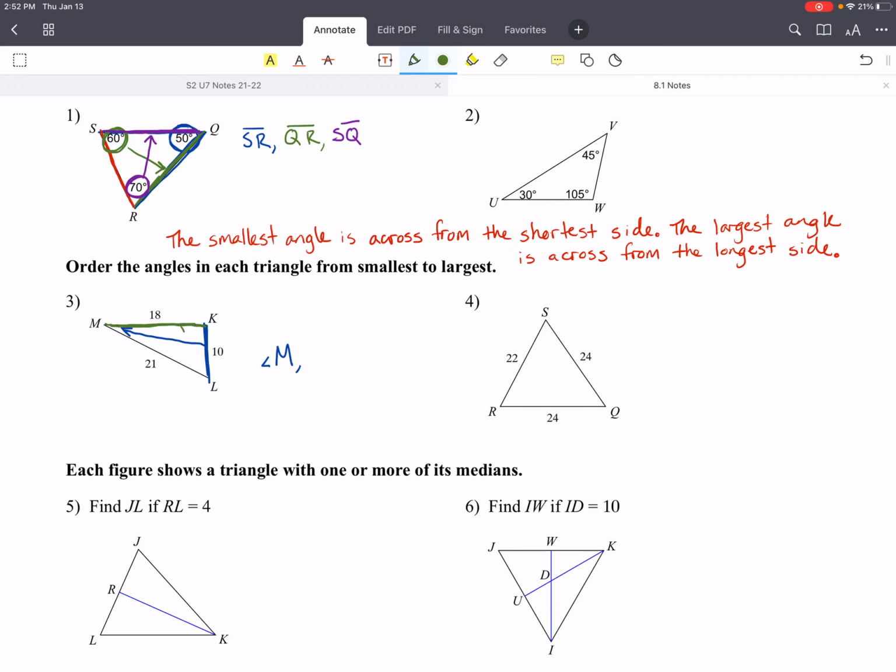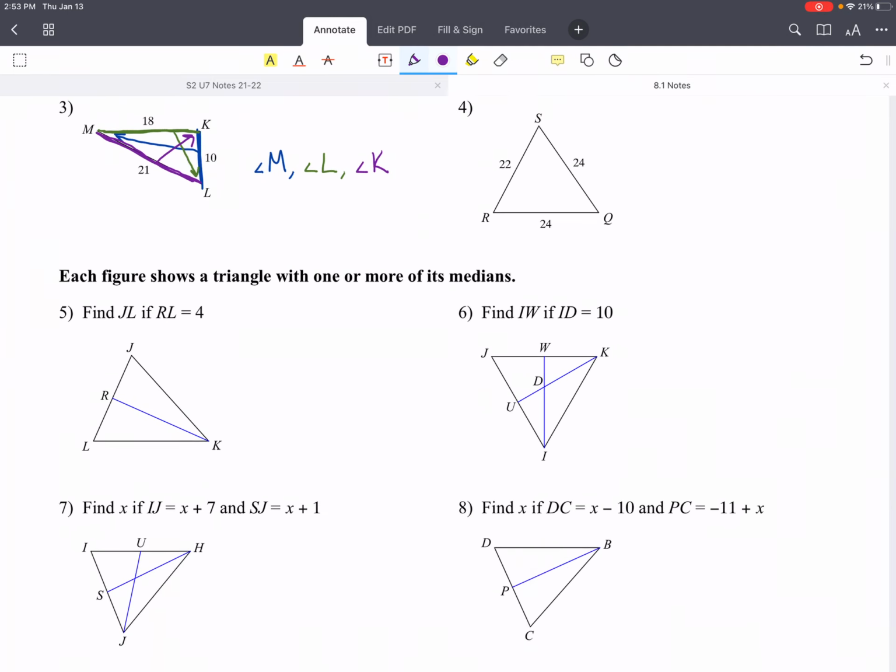This side is across from angle L. And here's my hypotenuse, my largest side is going to be across from my largest angle, so we have angle K. MLK. MLK weekend! It was meant to be, I'm just saying. Okay. I feel that's good enough for that section.